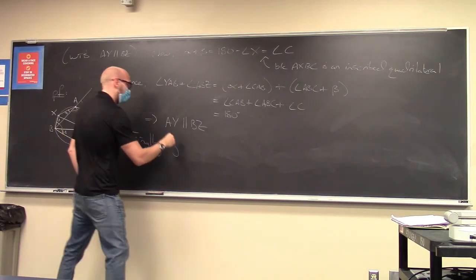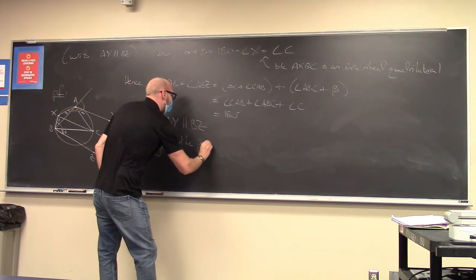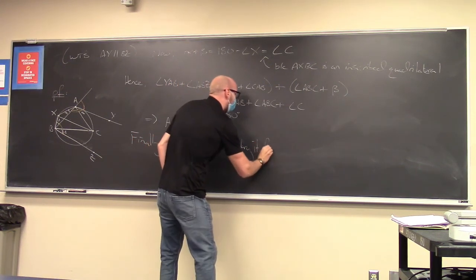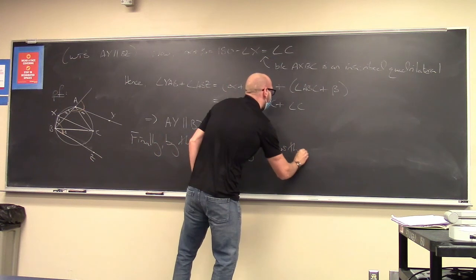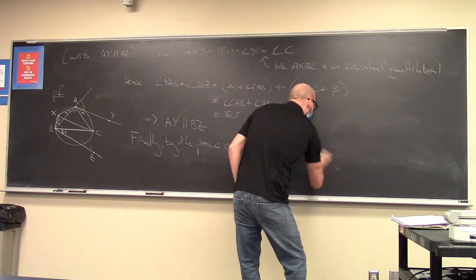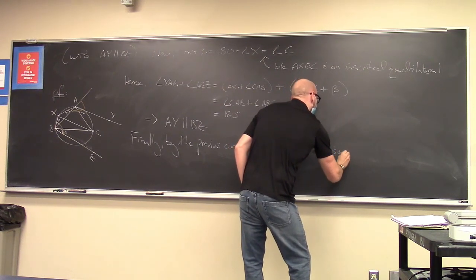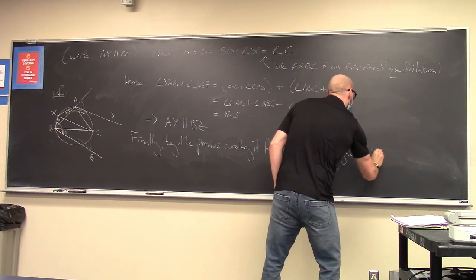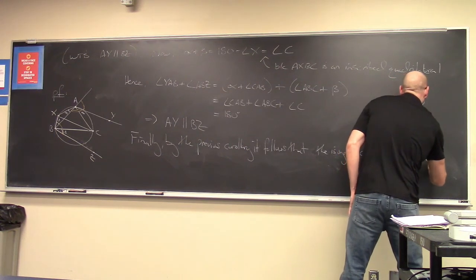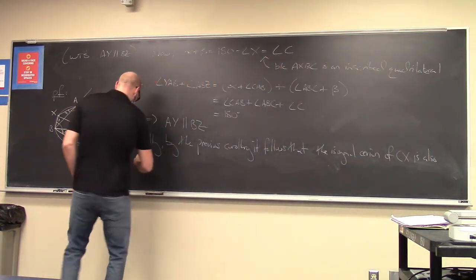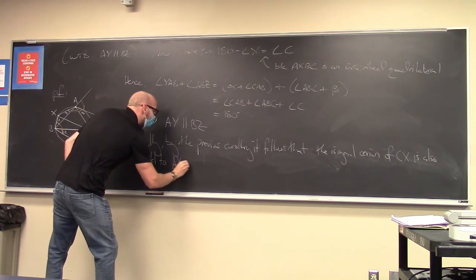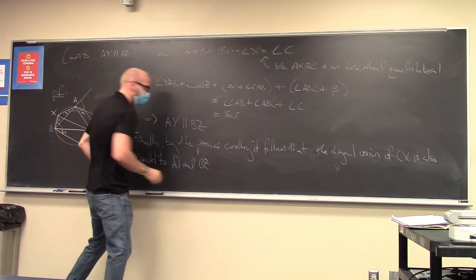So finally, by the previous theorem, or I think we called it the corollary, by the previous corollary, it follows that the isogonal Cevian of CX is also parallel to AY and BZ.